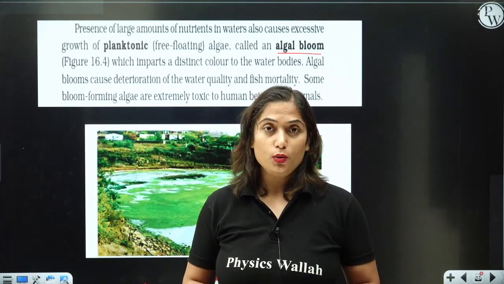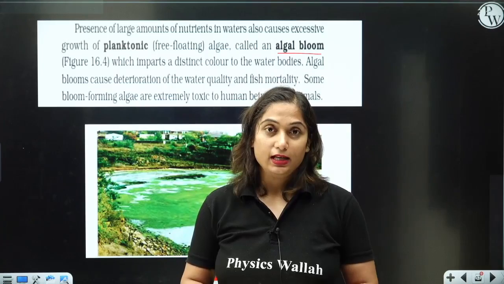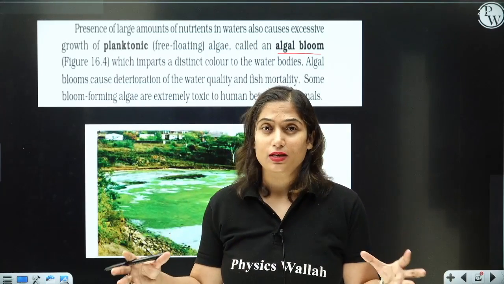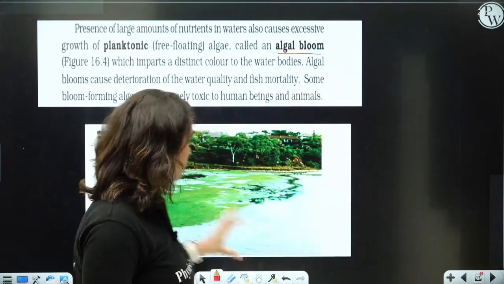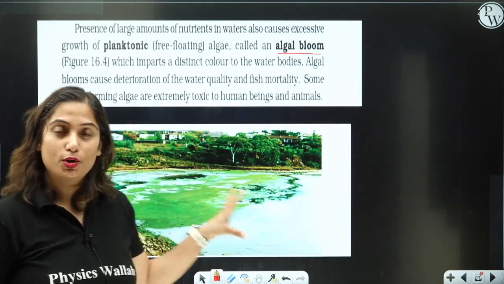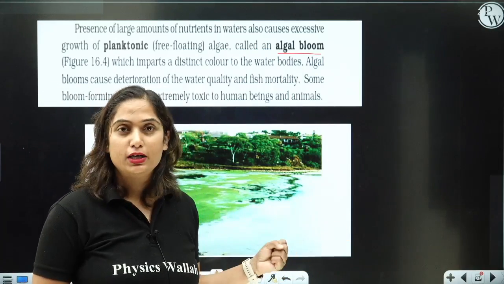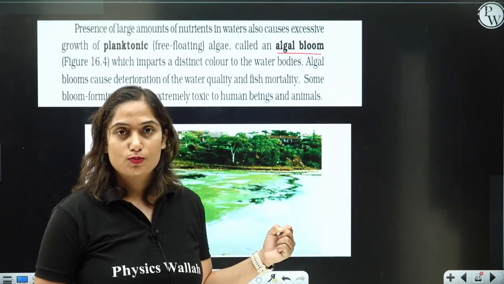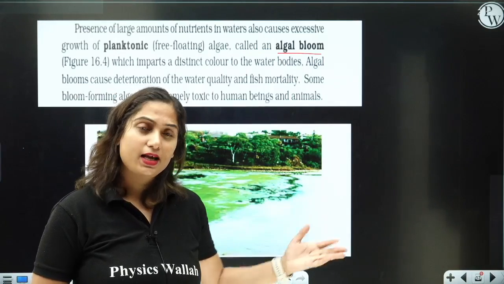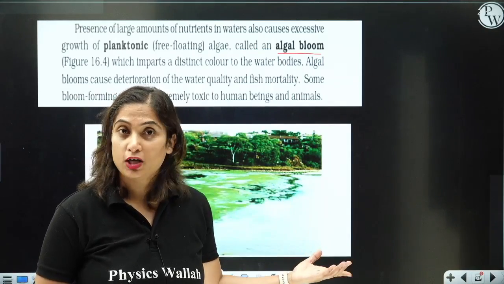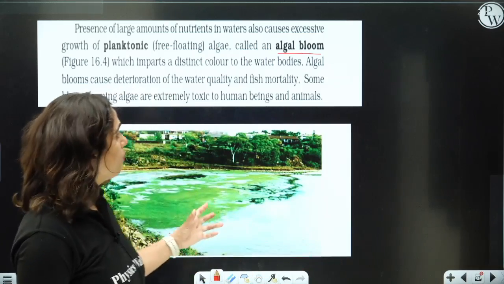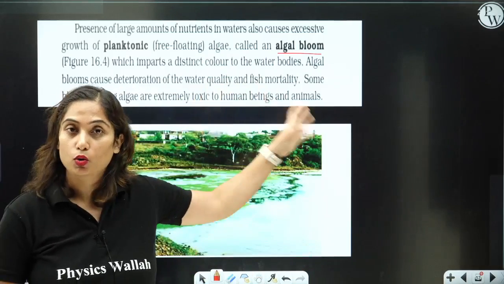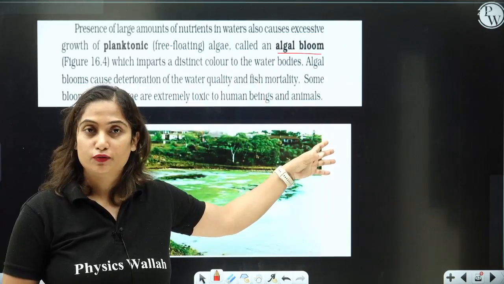And in this polluted water, the blue-green algae grows extensively. It grows so extensively that it covers the whole water body and uses up all the dissolved oxygen. And this is responsible for the death of other aquatic life like other aquatic plants and fishes. This phenomenon is called algal bloom. So algal bloom is not good for water.